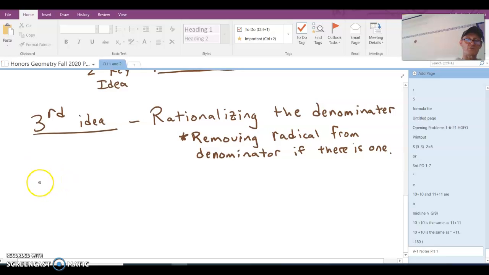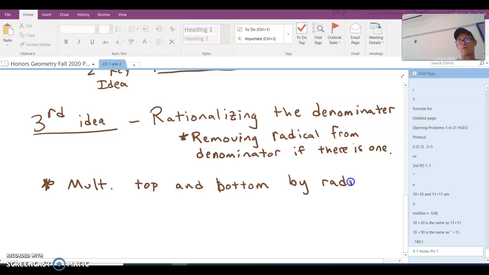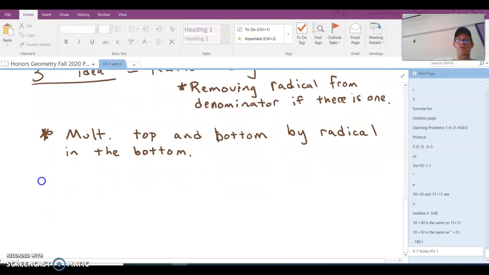To do this, you're going to multiply top and bottom by the radical in the bottom. So multiply the numerator and denominator by the radical that's in the denominator.